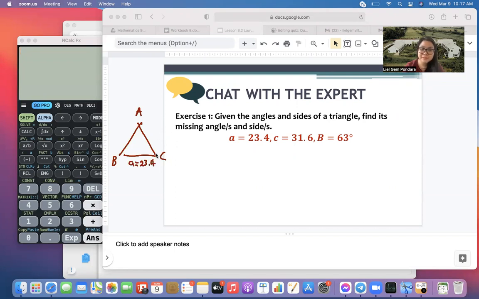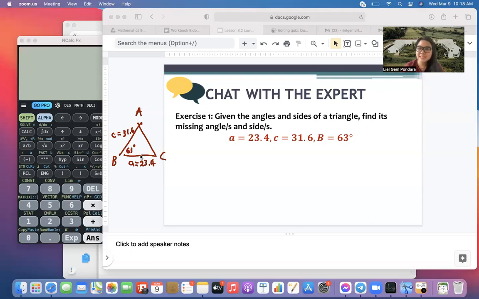Next, the opposite of angle C is side C. That's 31.6. Then angle B is 63 degrees. That's side, angle, side. So we will now start looking for the other 2 angles and 1 side.